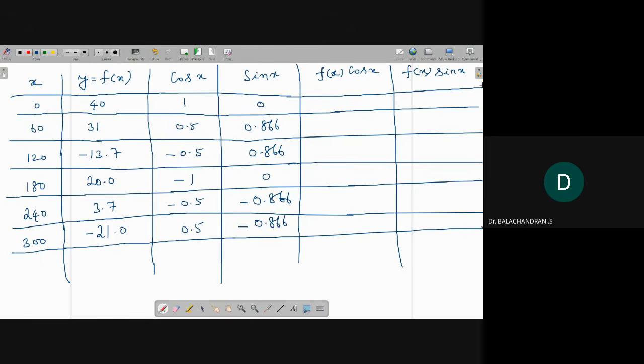Now multiply f of x into cos x. 40 into 1, 40, 31 into half, that is 15.5. Okay, if you multiply these two, I will write, if suppose there is any mistake, please point out. 6.85, minus 20 into minus 1, minus 20, and half of this, okay, that is minus 1.85. Again, half of this is minus 10.5.